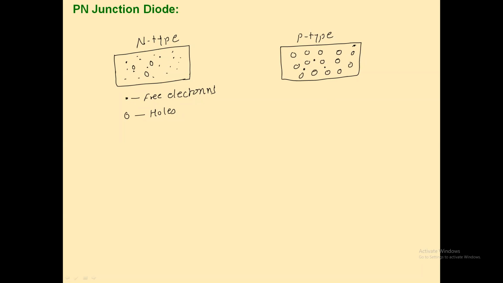Okay, and it is observed that when P-type and N-type material are combined together, a first basic component of electronic field is formed, and that component is known as a p-n junction diode.